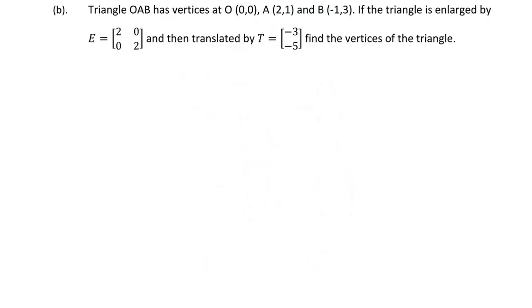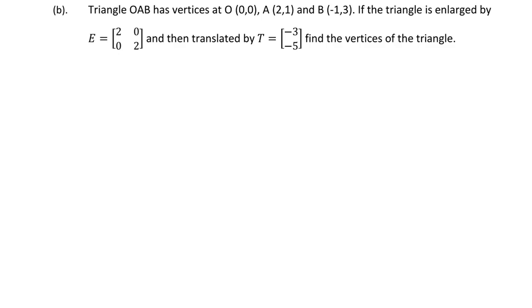Part B of the question, triangle OAB has vertices of those values. If the triangle is enlarged by E equals to matrix 2, 0, 0, 2, then translated by T equals to -3, -5, find the vertices of the triangle.